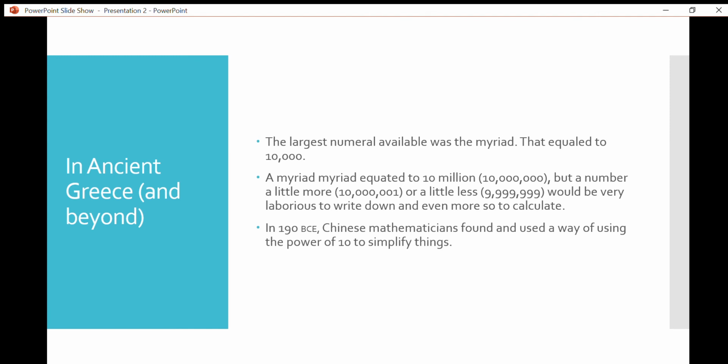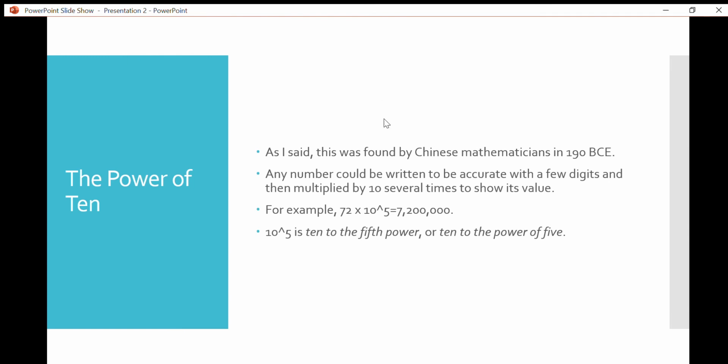They're easy to figure out numbers, and you just have to multiply 10 to the power of a specified amount by some number, and you'll get another number that's easy to calculate. Over here, as I said, this was found by Chinese mathematicians in 190 BCE.